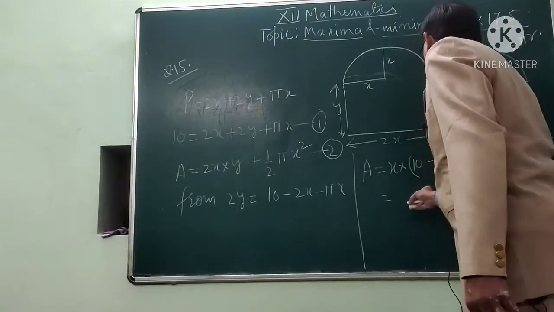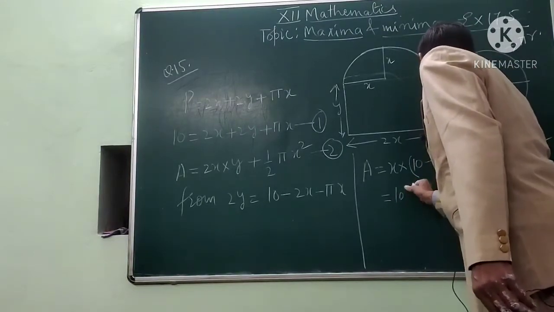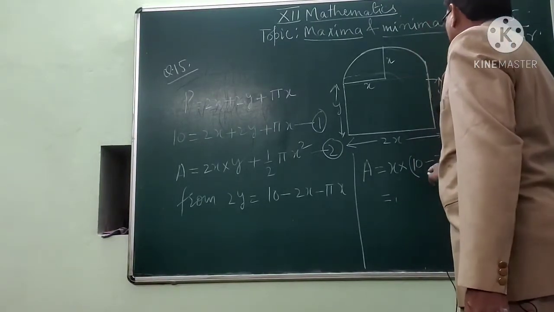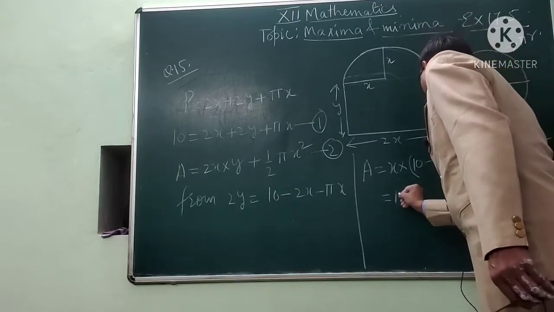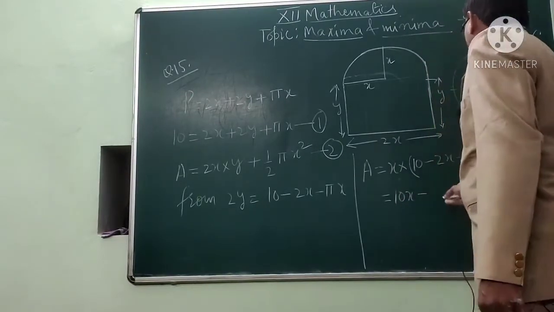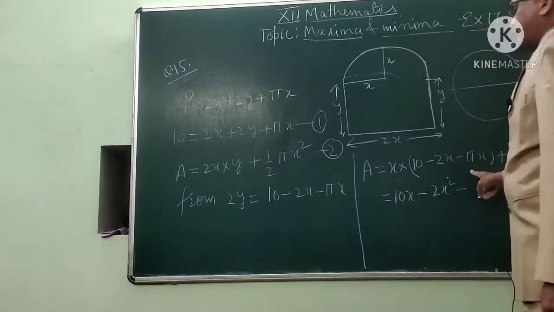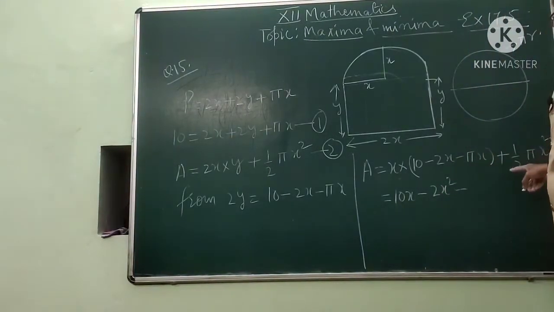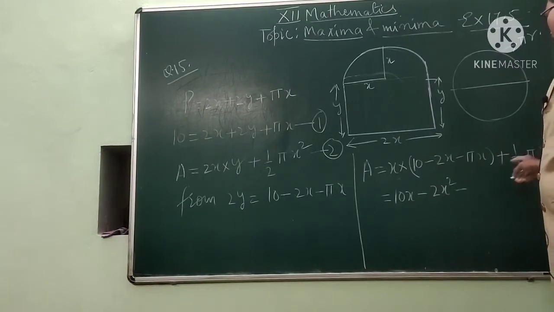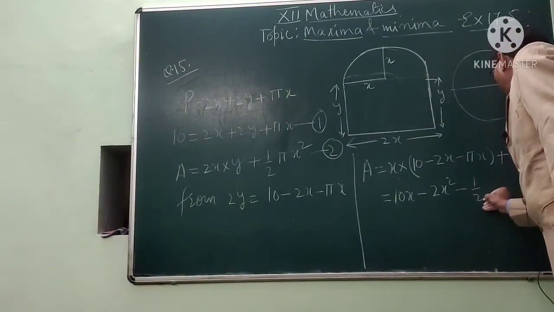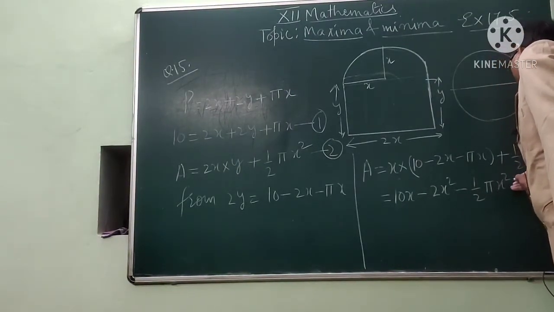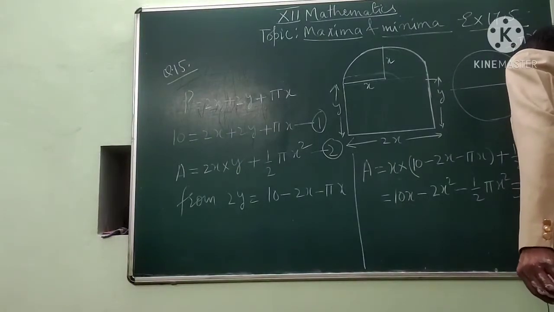Then we will simplify it. It is 10x minus 2x square minus pi x square plus 1 upon 2 pi x square. So it is minus 1 upon 2 pi x square, which is a function of x.